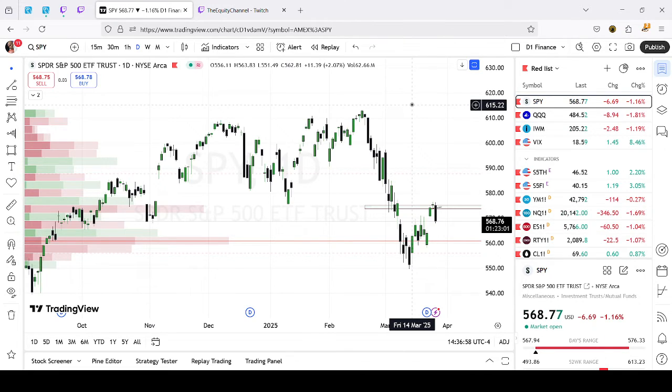Now, setting the value area high on your chart gives you an idea of where the market may become extended. All right? Same goes for the value area low. Most anchored volume profiles automatically set that level to 70%.